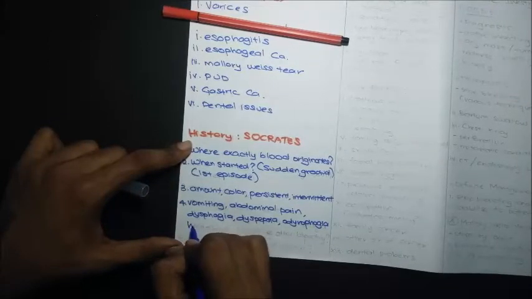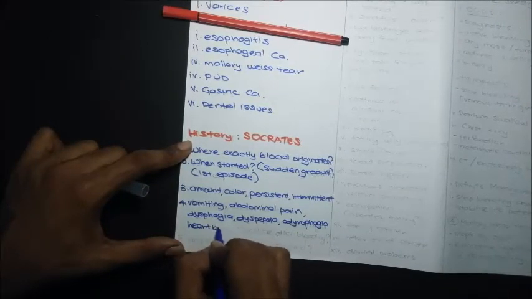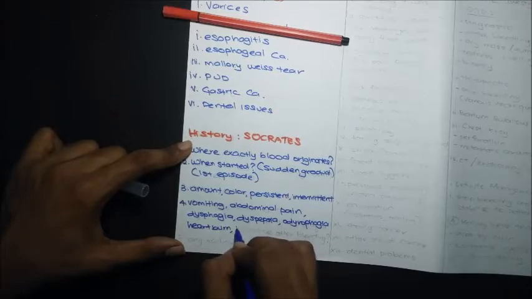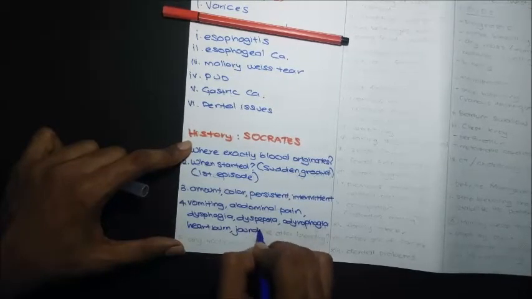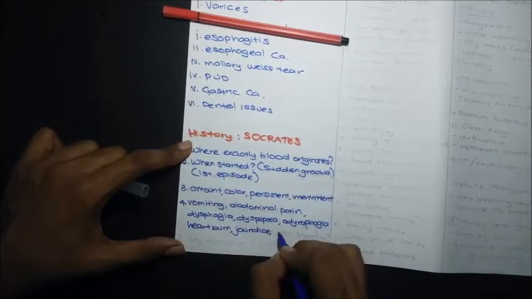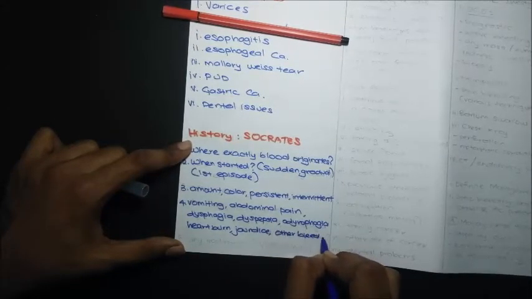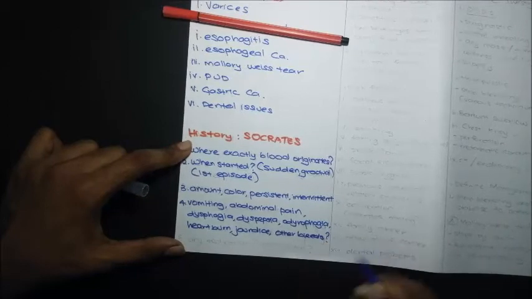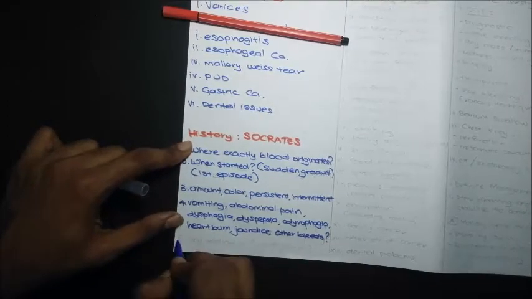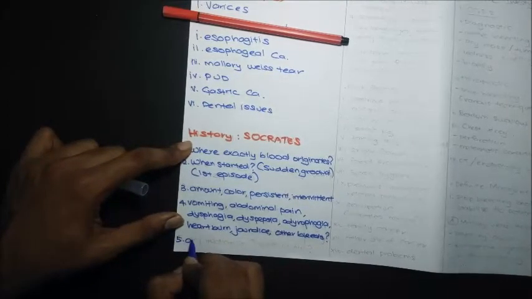Then regarding abdominal pain, which is very important as well, because the patient has complained of epigastric pain for the past years. We need to ask the details as well, such as how he manages the pain all the time. Next is dysphagia, dyspepsia, odynophagia, heartburn, jaundice, and other bleeding.